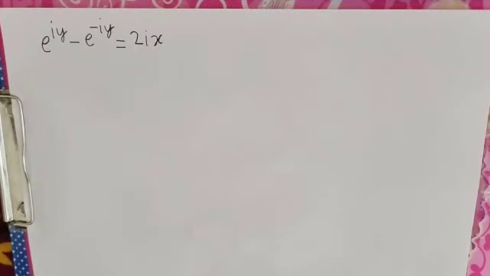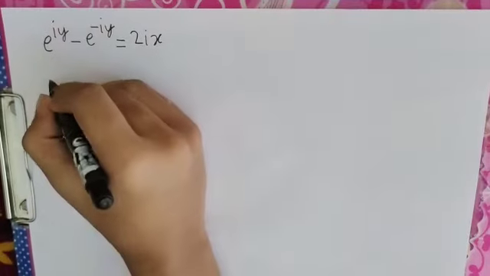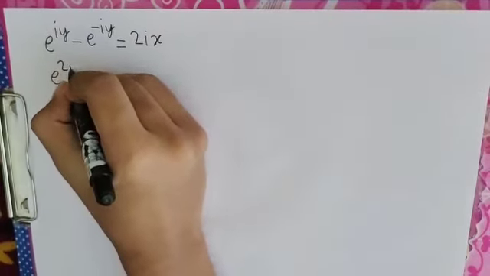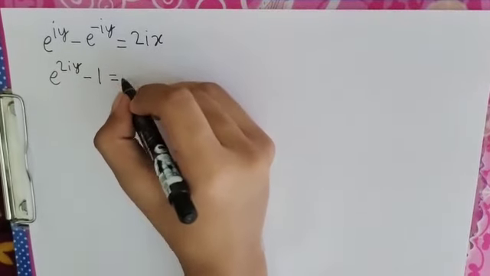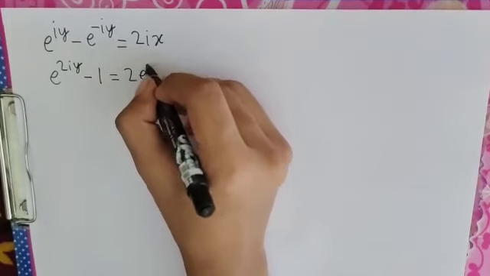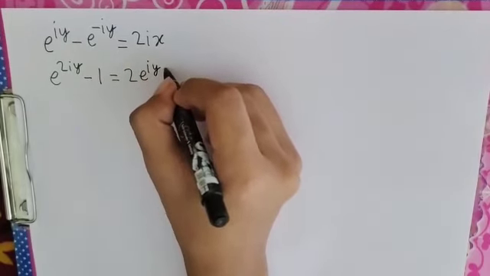Now multiplying both sides by e^(iy), we get e^(2iy) minus 1 is equal to 2ix times e^(iy).